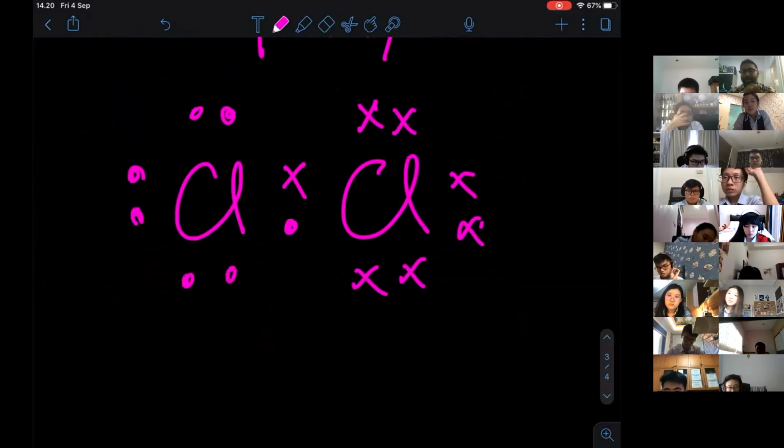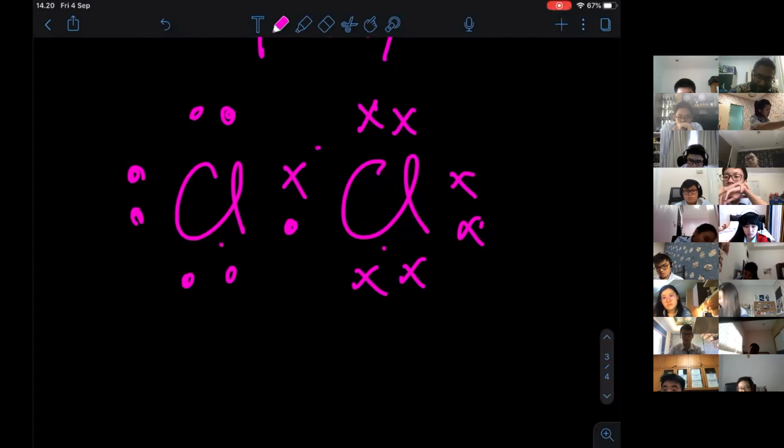Ryan, do you think it's going to be polar or non-polar? Non-polar. It's going to be non-polar because the chlorine and another chlorine have the same electronegativity. It's the same atom, same electronegativity.